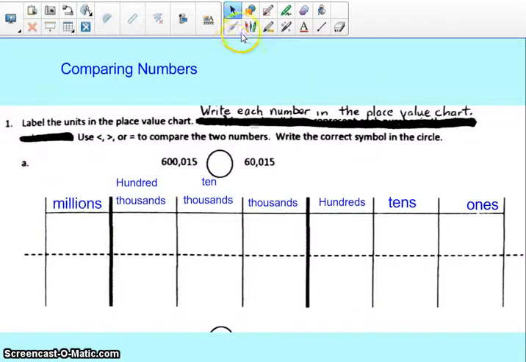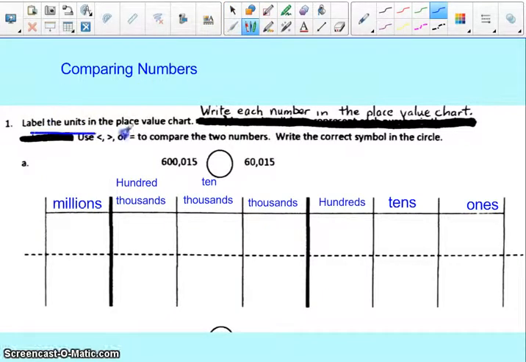Alright, so now that we've labeled, and that was our first thing, label the units in the place value chart. So we're trying to compare these two numbers, 600,015 to 60,015. So in order to compare their place values, let's write them correctly in the place value chart.